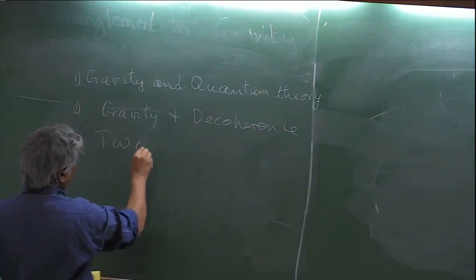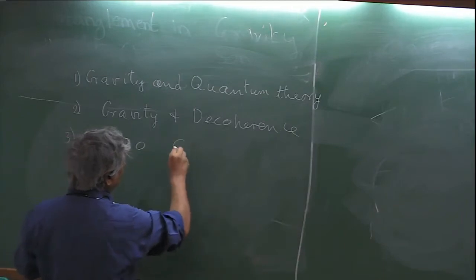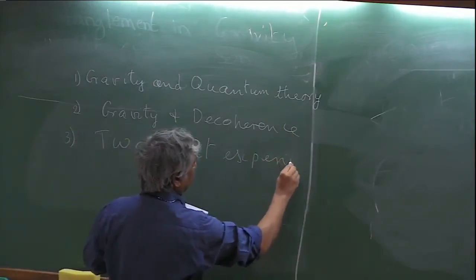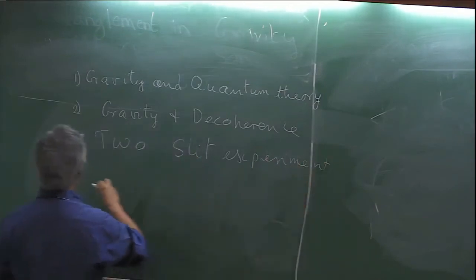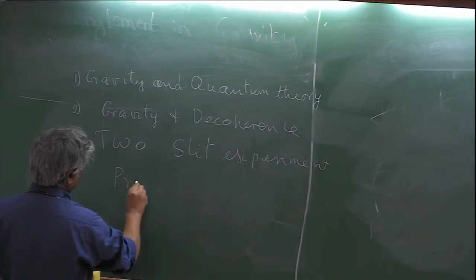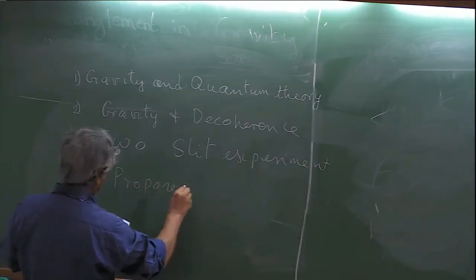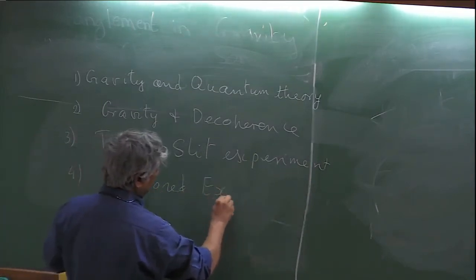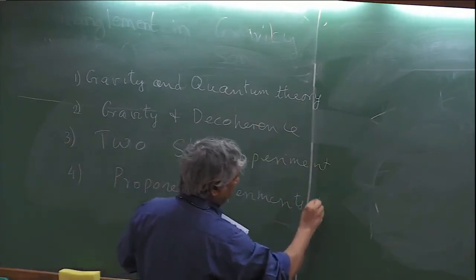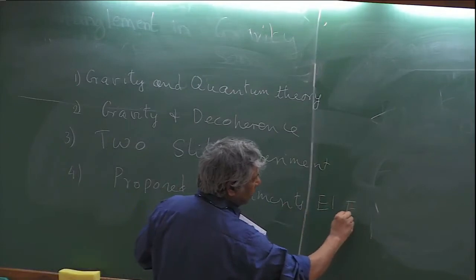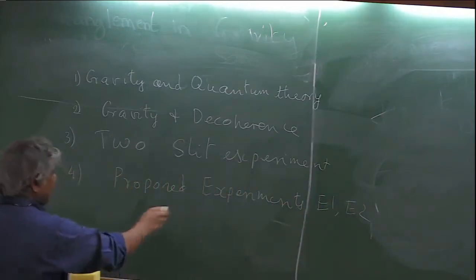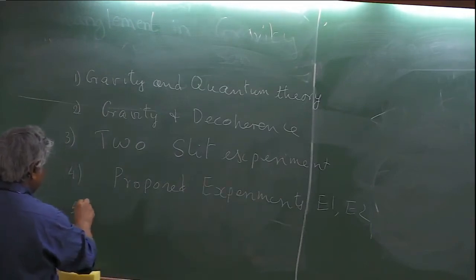Then I'm going to talk entirely within the paradigm of the two-slit experiment and propose two variations of the experiment, and I call them E1 and E2, two experiments, just to distinguish between them. And these experiments can be analyzed both physically and mathematically.